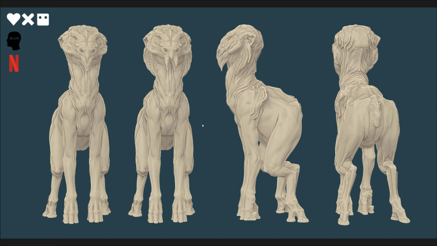But the reason why I'm showing this specific model is because if we look at this, it's kind of difficult to tell what kind of anatomy needs to be here in the first place. If we do understand anatomy, we should be able to predict some of the elements.